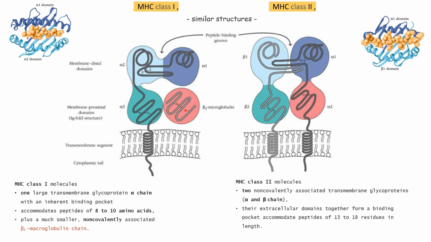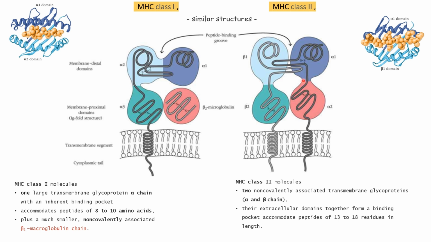When we look at MHC class 2, the overall structural shape, especially at the peptide binding groove, is very, very similar. However, there's no beta-2 microglobulin, and the structure is made up of 2 separate MHC genes.